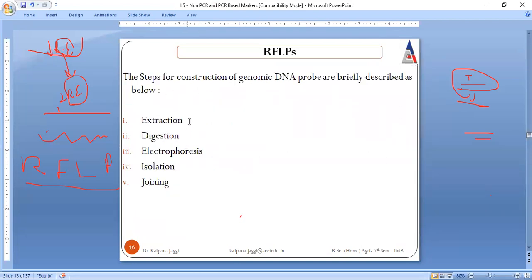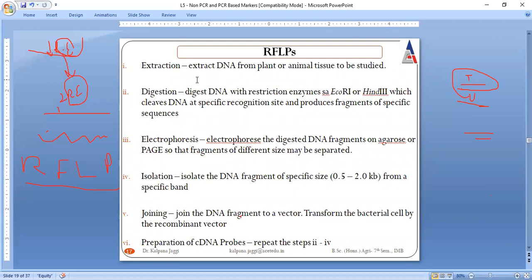These are the steps, and this is very clear to you all till now. Very first we are extracting the genomic DNA, then we are digesting it, then we are transferring it onto the gel, where all fragments get resolved on the basis of their size. Then we are isolating the desired fragment and joining. So very first is the isolation, then digestion.